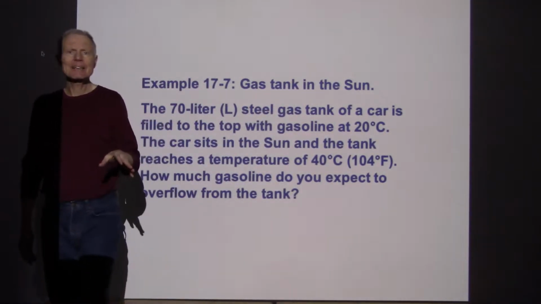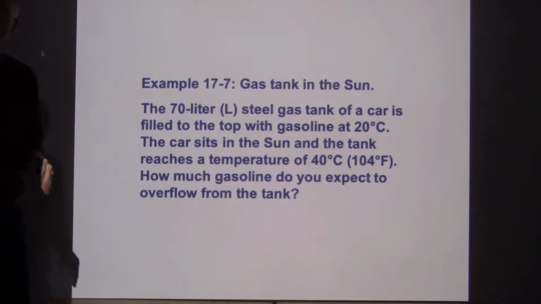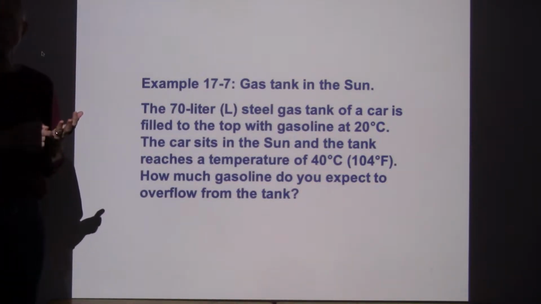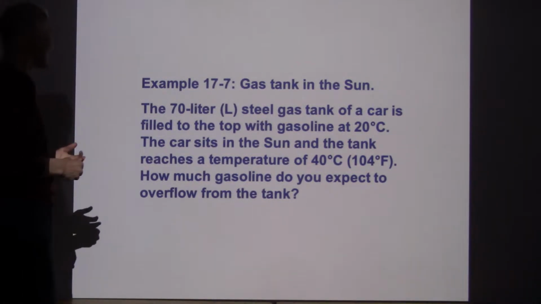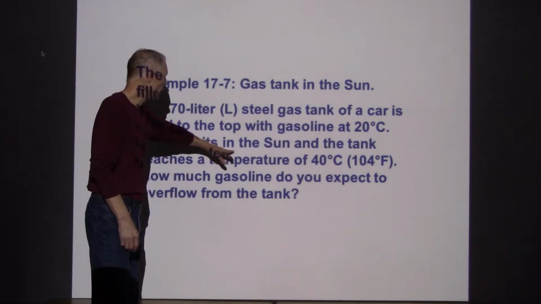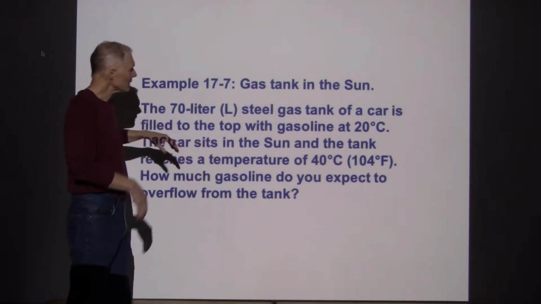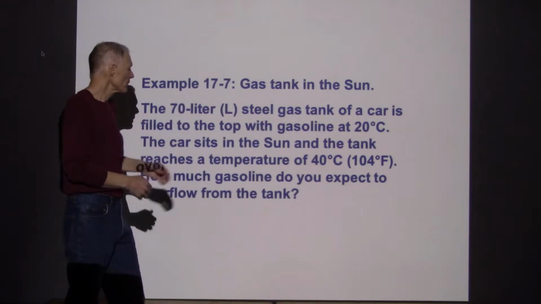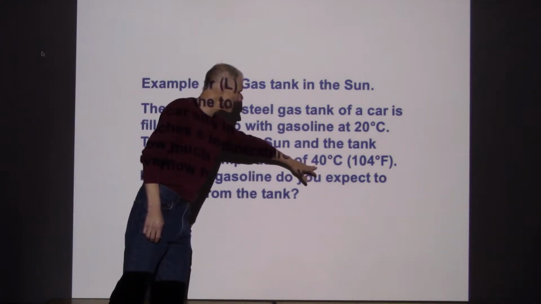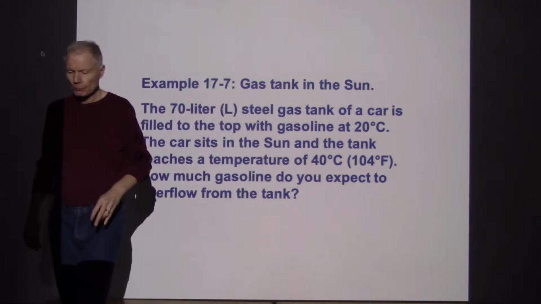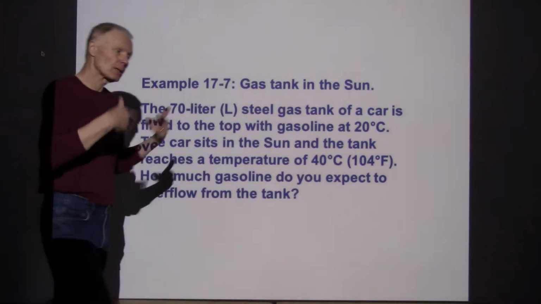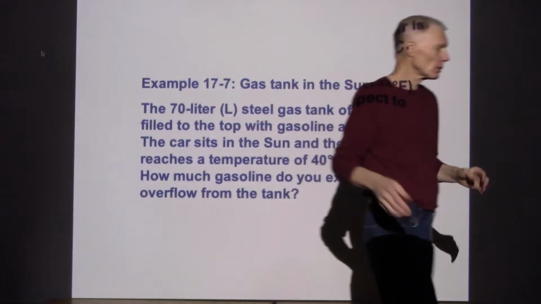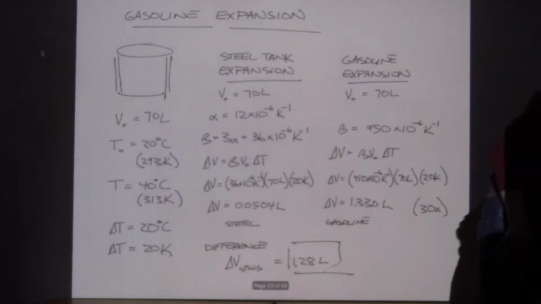So the idea, at least initially, is that the gasoline and the gasoline tank are both at 20 Celsius. And then what happens if the car warms up? So it does sit out in the sun, and as a result, the temperature of the tank goes up to 40 Celsius, and the gasoline that's inside.